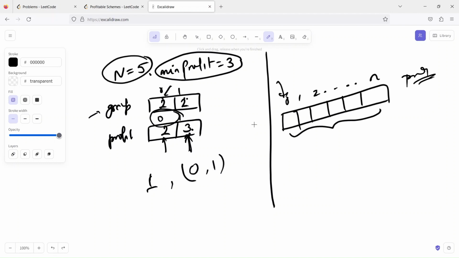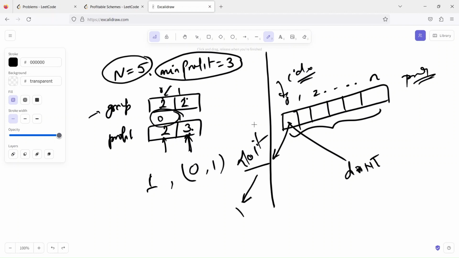At any index I have to make a decision whether you do it or you don't do it. If you do it, you take the profit, and if you don't do it, that's fine, you move on to the next one. In both cases, you move on to the next crime.